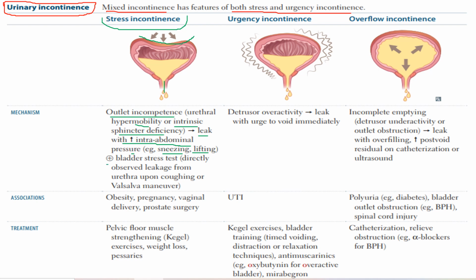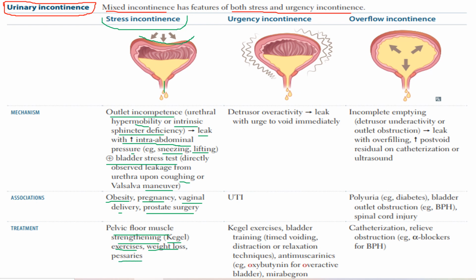It shows a positive bladder stress test, with directly observed leakage from the urethra upon coughing or Valsalva maneuver. Its associations are obesity, pregnancy, vaginal delivery, and prostate surgery. Its treatment includes pelvic floor muscle strengthening, also known as Kegel exercises, weight loss, and pessaries.